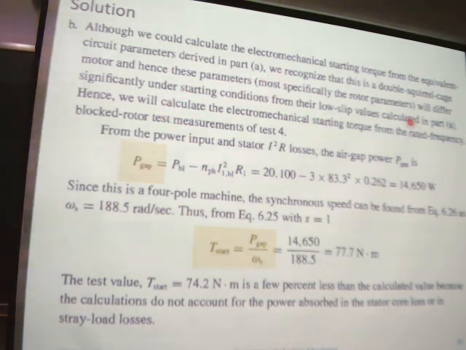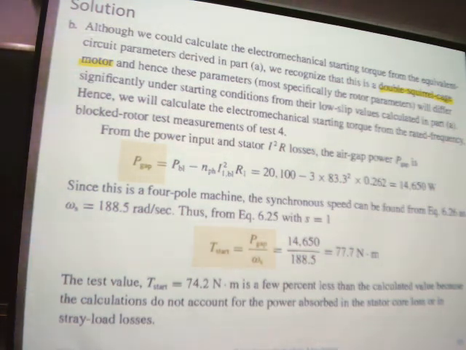It should be noted that this is a double squirrel cage motor. This is a special motor. The performance at starting and the performance at running are different.